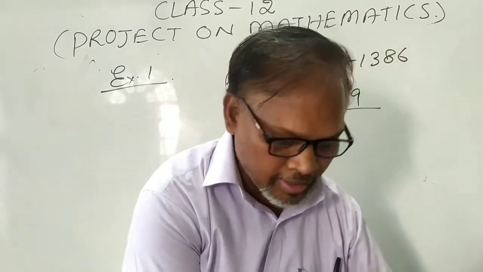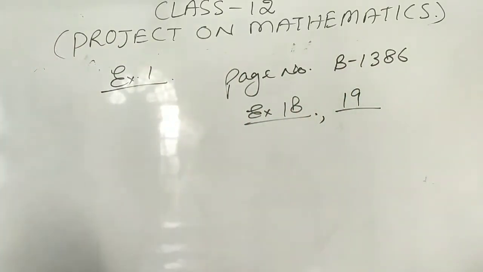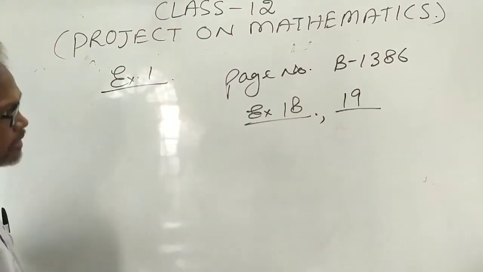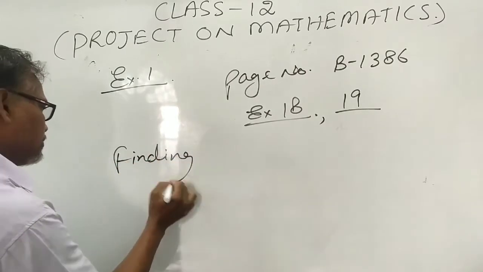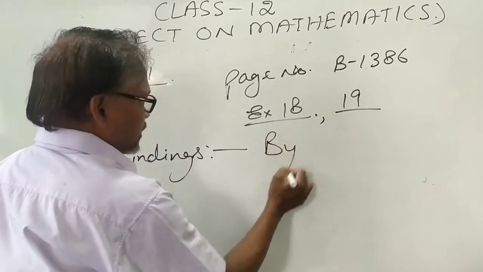Then you will write the findings. Finding means कि क्या conclusion निकला after doing these two examples also. Then you will write the findings. In findings, by this way, this is the conclusion.